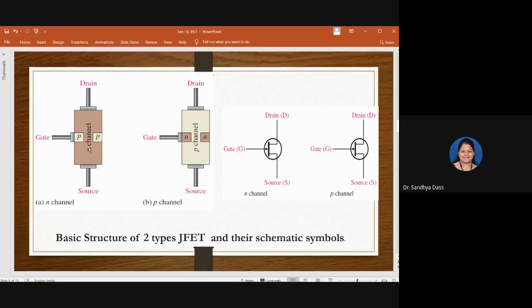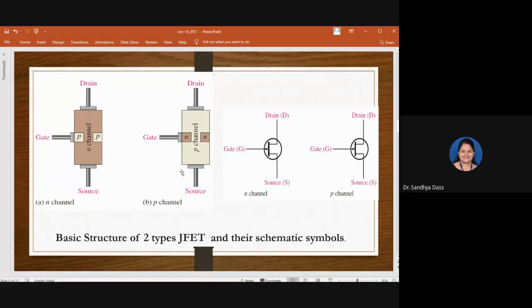Okay, and below the channel you have the source terminal, and there is p-type material diffused in the N channel. Okay, and both these p-type regions are connected to form one terminal called gate.